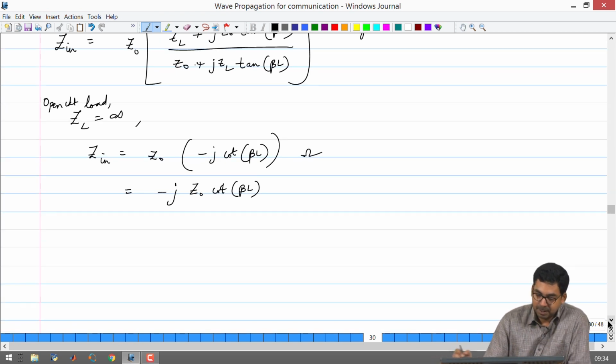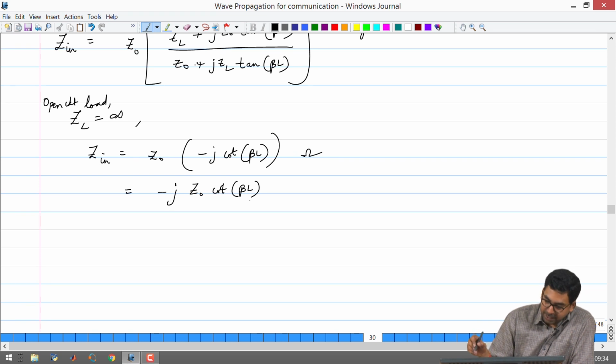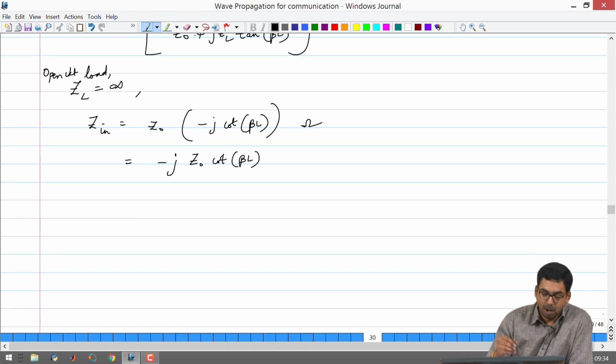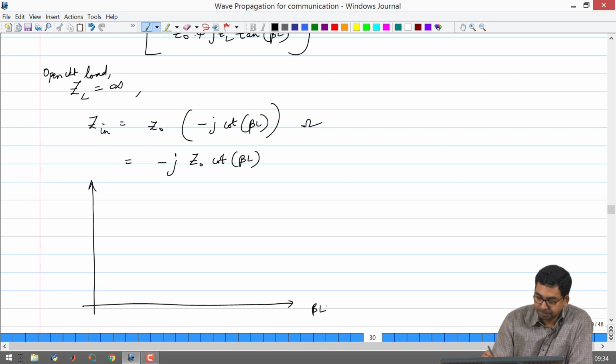This means that as you change the electrical length of your transmission line, the input impedance for the transmission line with the same characteristic impedance is going to be dramatically different. And one could simply draw a plot of what the cotangent would look like as you change the electrical length. The x axis can be beta L, the y axis can be minus Z naught cotangent of beta L.